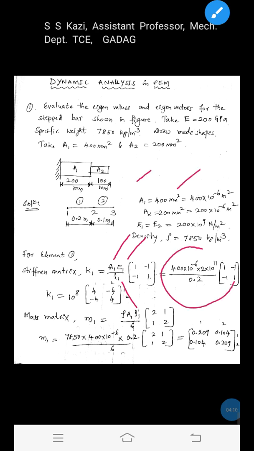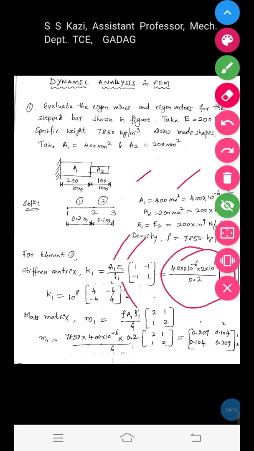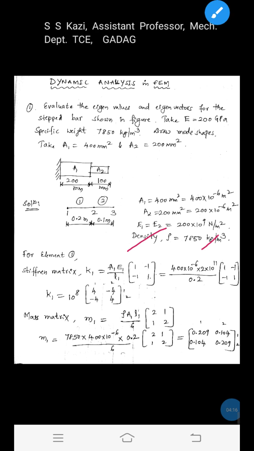If we substitute all this data, we will get 4 into 10 raised to 8. Okay, if we calculate this ratio, we will get 4 into 10 raised to 8. 10 raised to 8 you keep outside and write inside 4 minus 4 minus 4 4, and write the DOF numbers for reference. Since the element 1 we have defined the nodes 1 and 2, you write 1 2 1 2 DOF numbers.